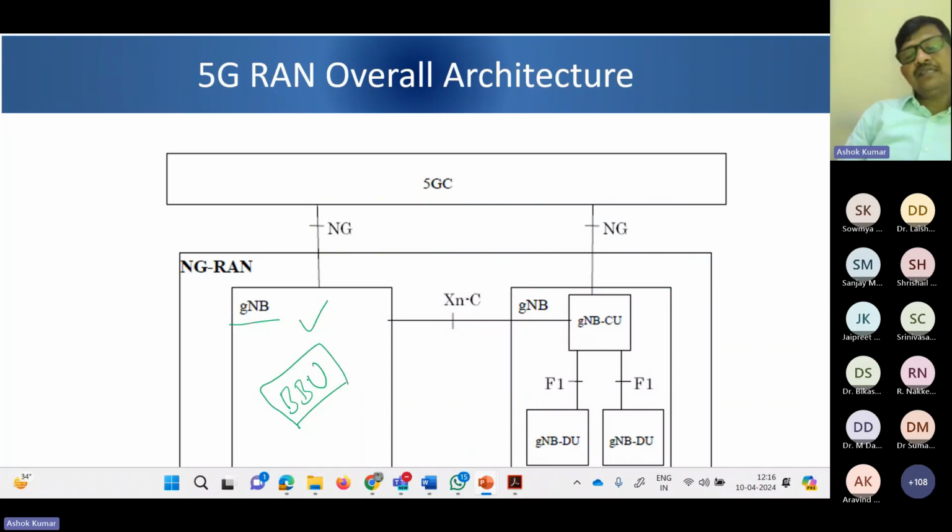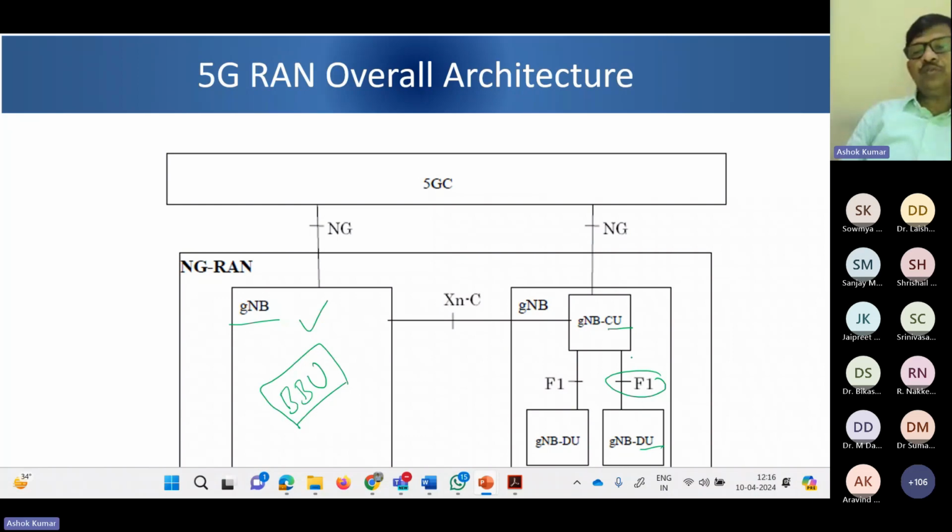The other architecture given by 3GPP for gNodeB is that we can split the gNodeB into two parts, central unit and distributed unit. RF is along with the DU itself. And then we can have an open interface F1 between DU and CU.